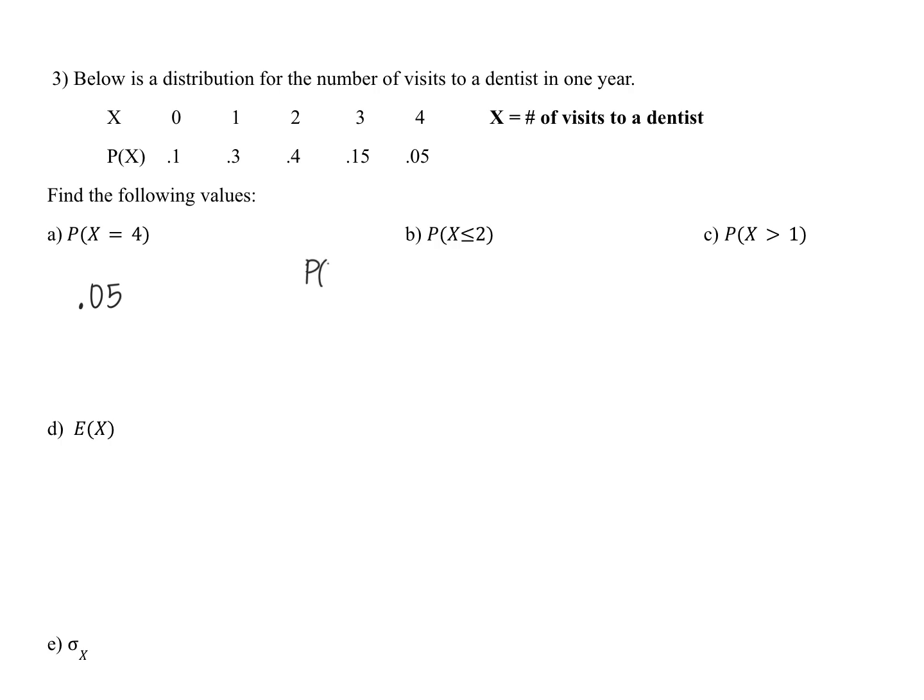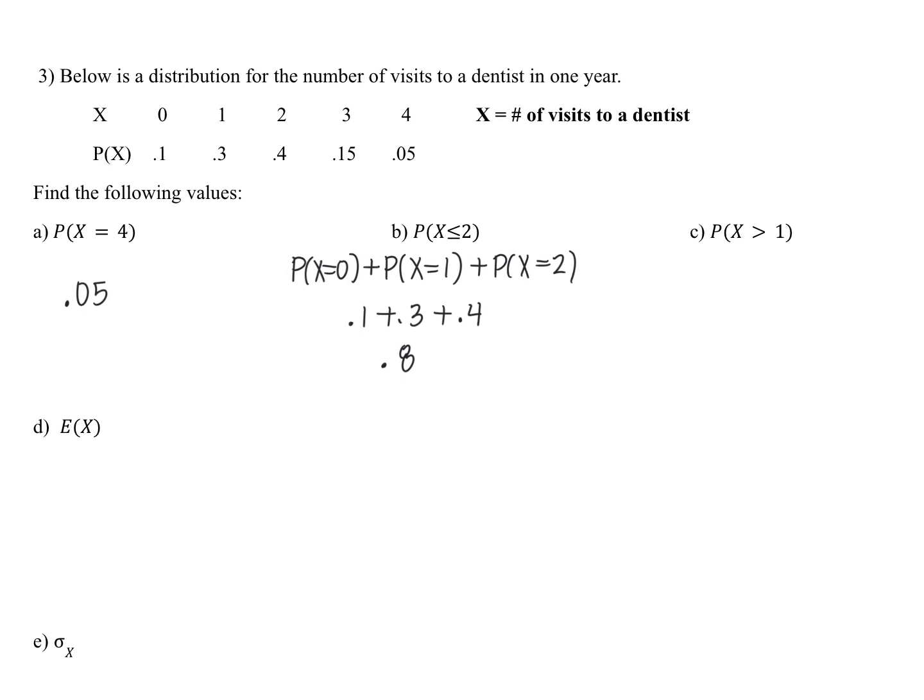The next one says the probability that x is less than or equal to 2. So that could be the probability that x is 0 plus the probability that x is 1 plus the probability that x is 2. So you're adding all of the ones less than or equal to 2. So 0.1 plus 0.3 plus 0.4, which is 0.8. And then the next one says the probability that x is greater than 1.